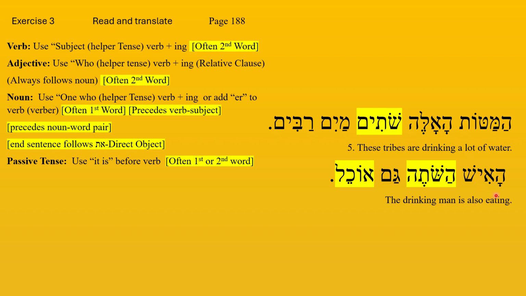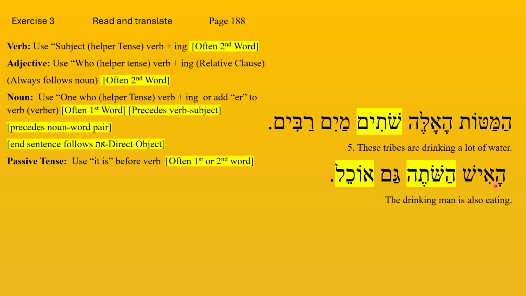Last one in exercise 3. Ha'ish, excuse me, hashote gam ochel. So we have ha'ish, the man, first position, probably the subject. Ha tells you that your participle here, shote, has to be an adjective because it's matching with the definite article.